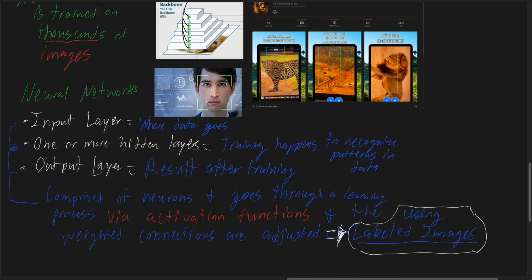And finally, the output layer then produces a vector of values that uniquely identifies the face in the image.